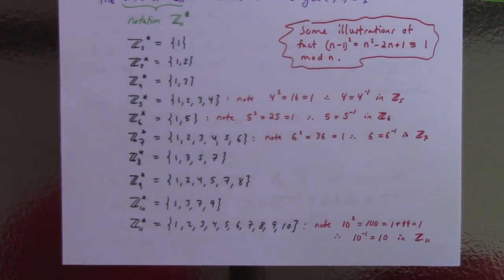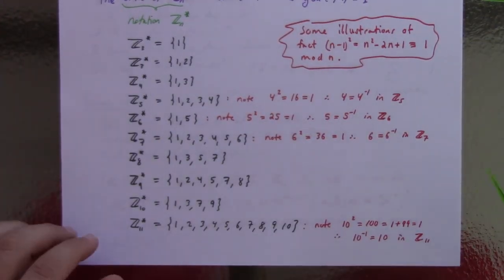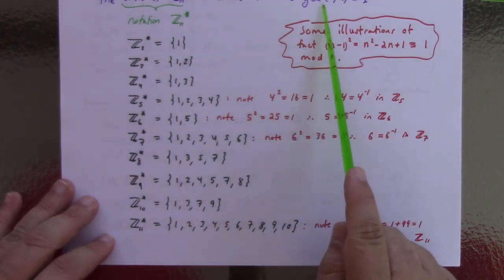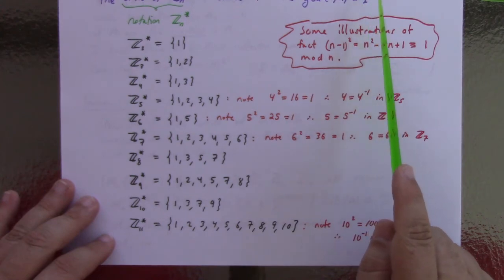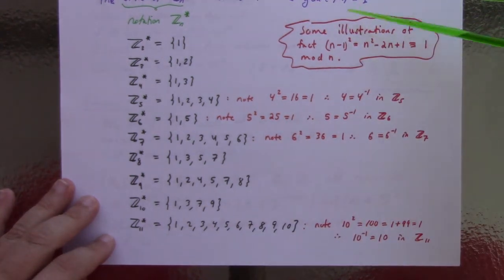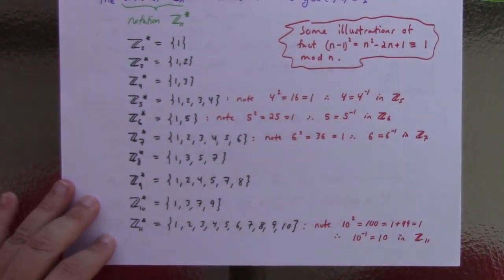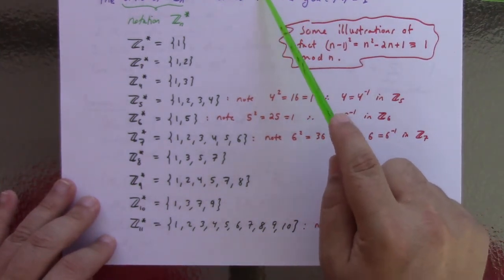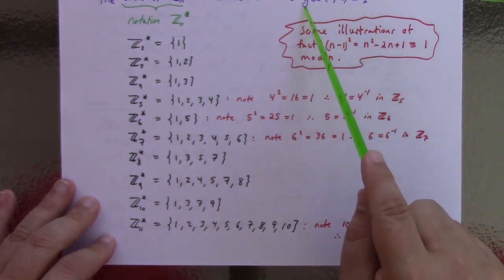Example 11, I thought it would be nice to give you some gory details. The units of Zn are the residues A bar where the GCD of A and N is equal to 1. I had to write A bar here so that this would make sense.